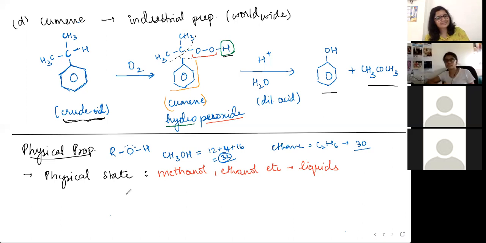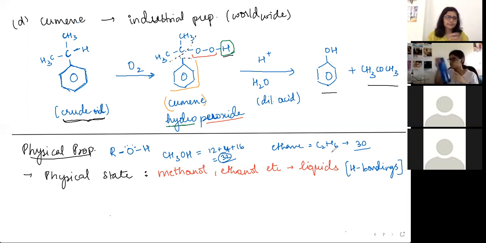Oh, no, wait. Yes, hydrogen bonding. Hydrogen bonding, correct. Alcohols are rich in hydrogen bonding. That dictates a lot of the physical properties of alcohols. So physical state, they start off as liquids at room temperature, and then you get solids. The reason is, again, pretty heavy hydrogen bonding.